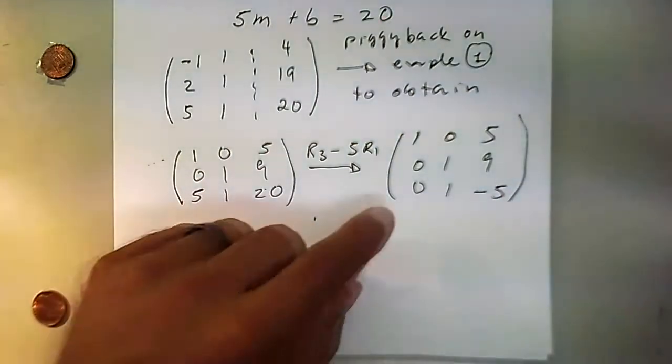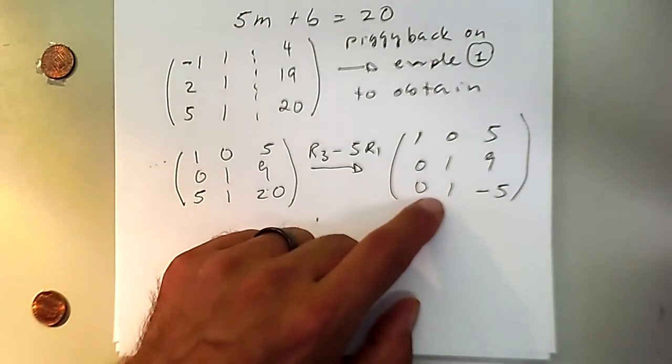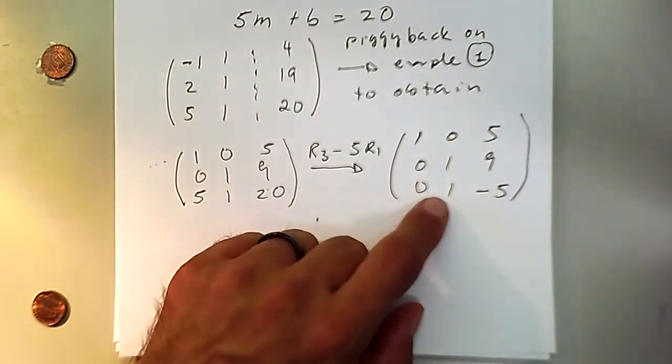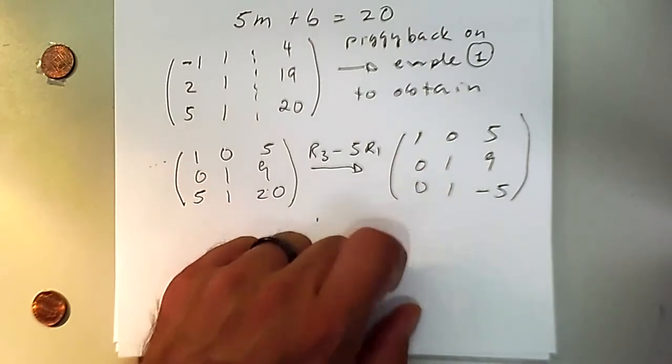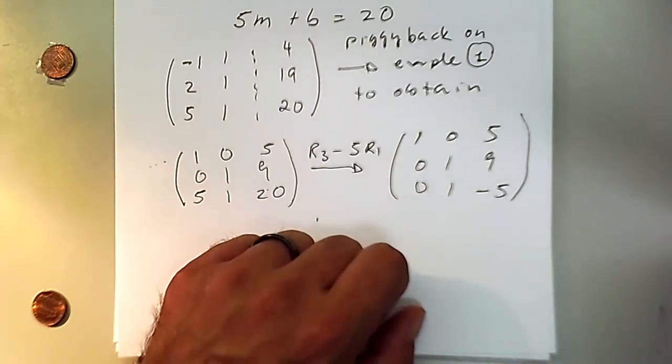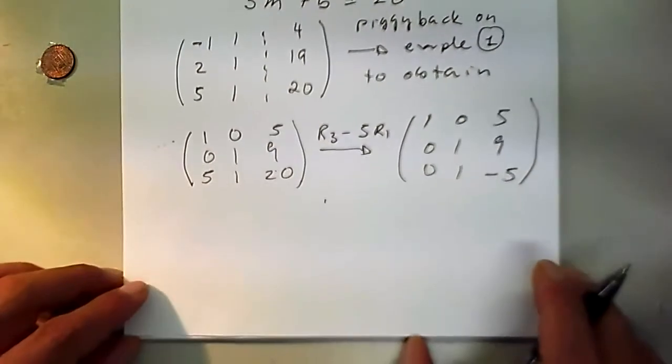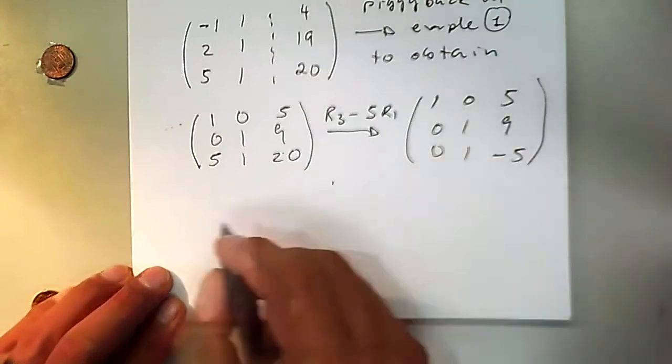Okay, and then we can go farther. If we wanted to, we can subtract from row 3, row 1, or we can leave it like that and realize we end up with a contradiction. But let's subtract.